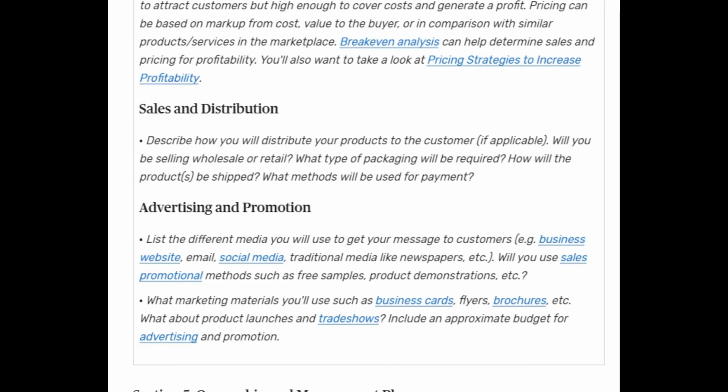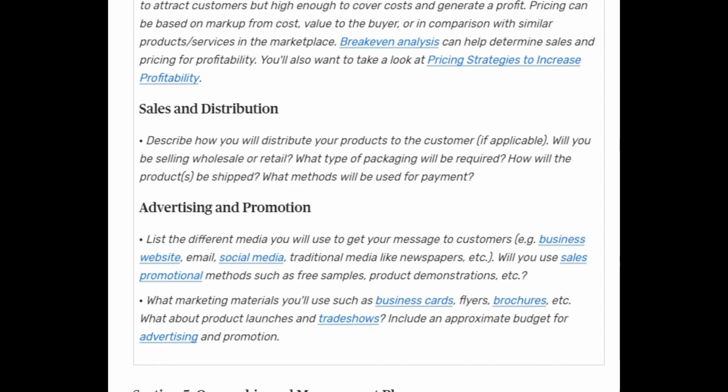What marketing materials you use, such as business cards, flyers, brochures, etc. What about product launches and trade shows? Include an approximate budget for advertising and promotion. So you must have a budget for that as well, as I said earlier, in case of a social media marketing agency. And this must be all well presented to the lenders so that they can get an idea.